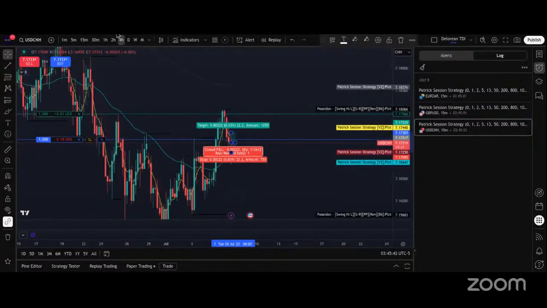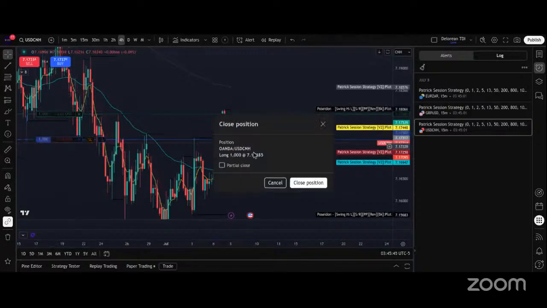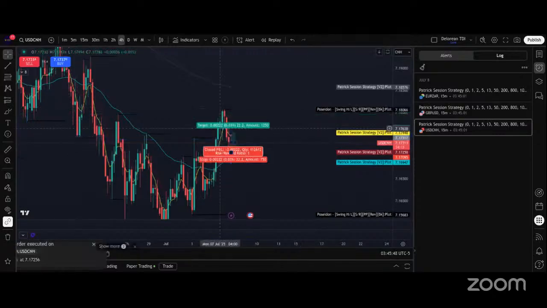But that's a long-term sell. So yeah, this one's not valid.